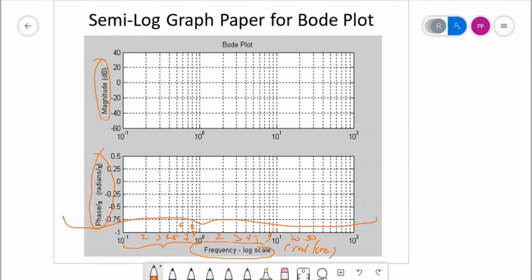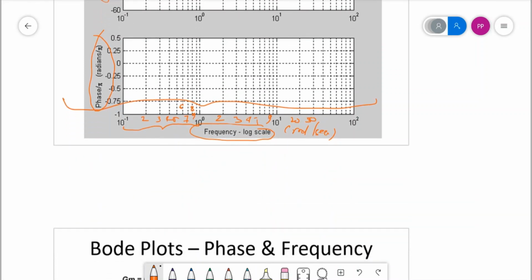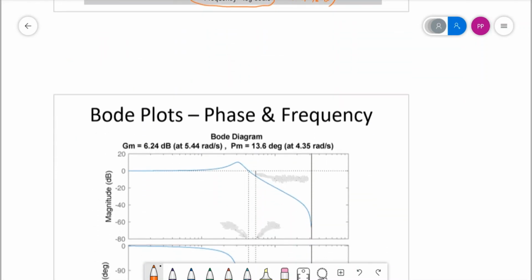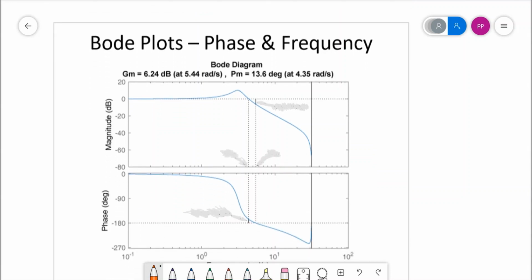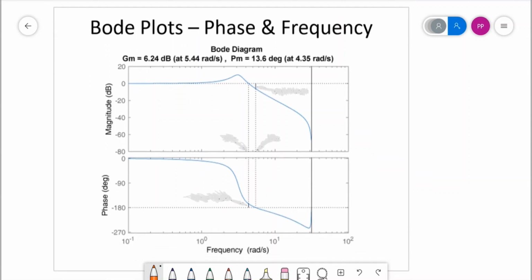Let us see further a practical example of such a plot, because today we are just having the introduction. In the Bode plot of a practical situation, you can see the magnitude over here, and a sharp change in the magnitude over here. Maybe this is 10 decibels.